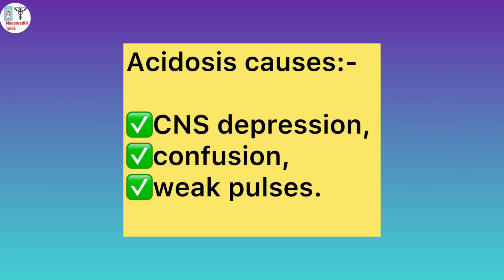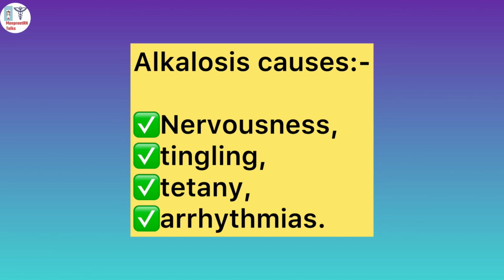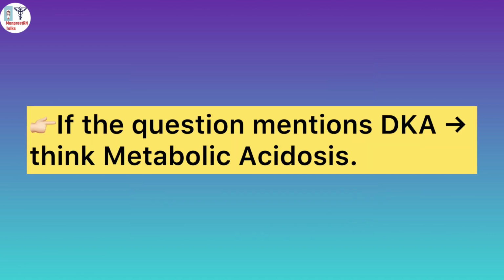Next is acidosis causes. Acidosis causes are CNS depression, confusion, weak pulses. And alkalosis causes are nervousness, tingling, tetany, arrhythmias. If a question mentions DKA, ketoacidosis means metabolic acidosis.